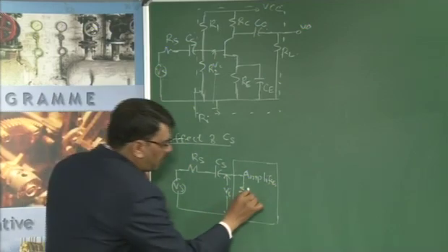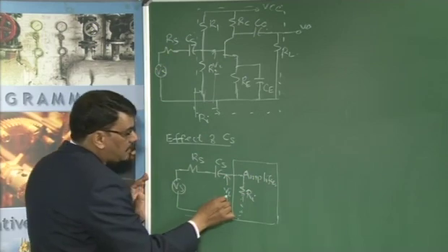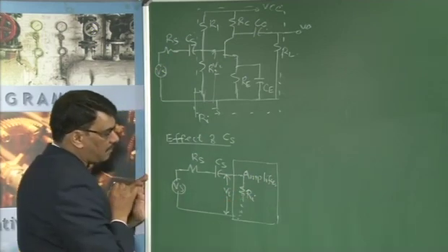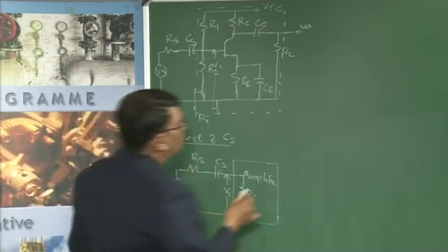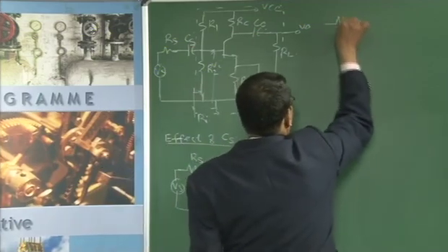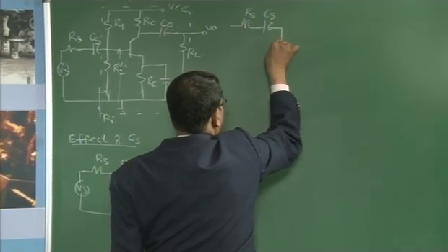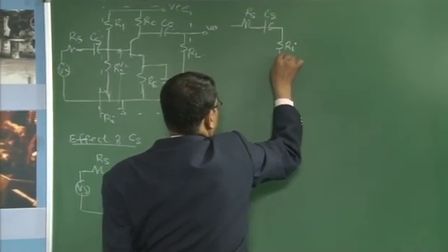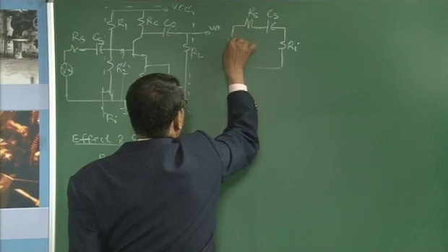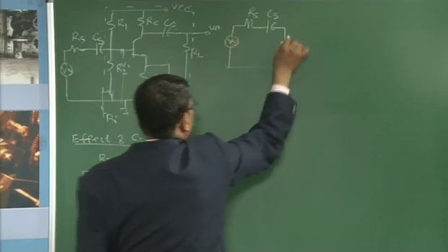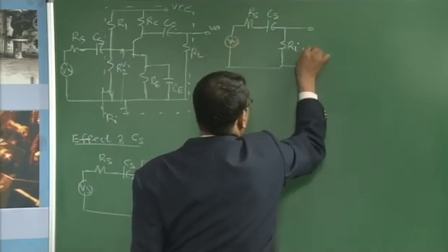Then this input voltage Vi is the voltage drop across Ri. This circuit is redrawn as RS, CS and Ri, and the voltage across Ri is Vi.